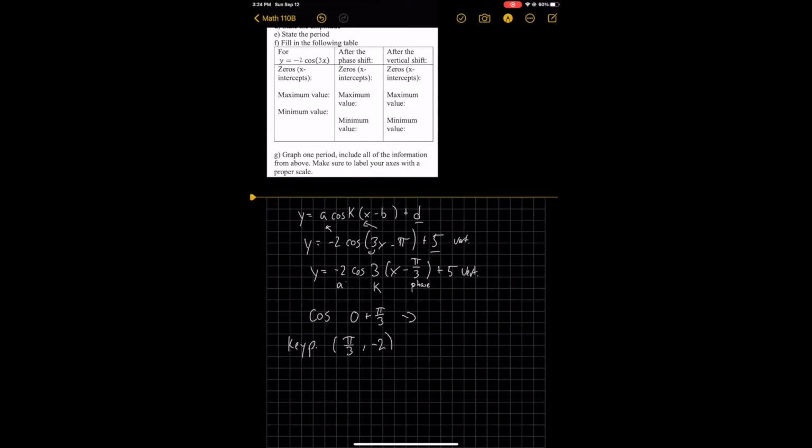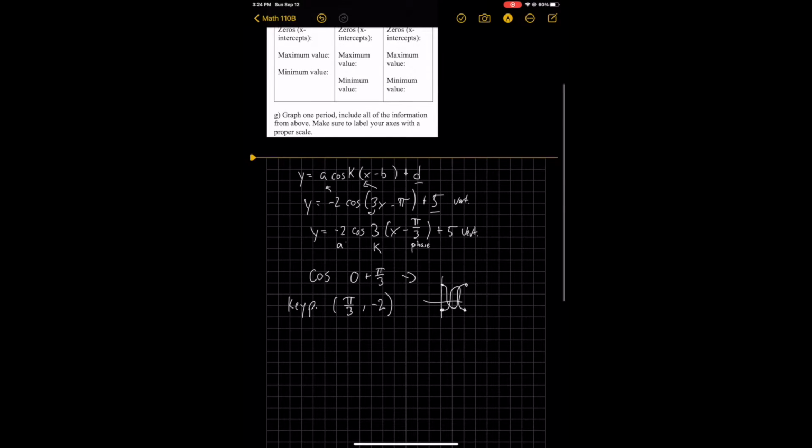Remember that the graph typically starts for cosine up here, goes down and over, but because this is negative, we're going to start down here at the -2, go up, and then come down.